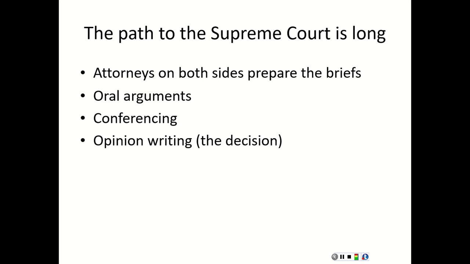Now, this other type of decision, so majority, concurring, this last type is called a dissenting opinion. This is going to be written by a judge on the minority side, and there can be multiple.